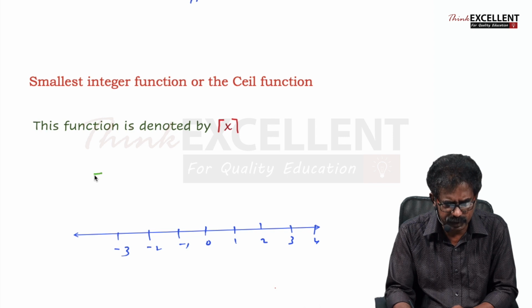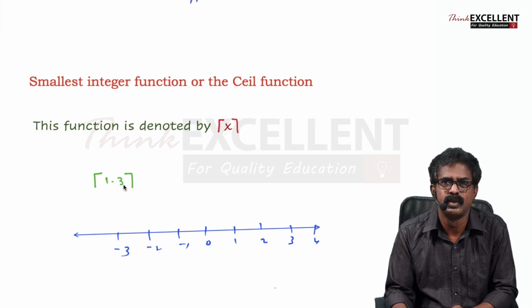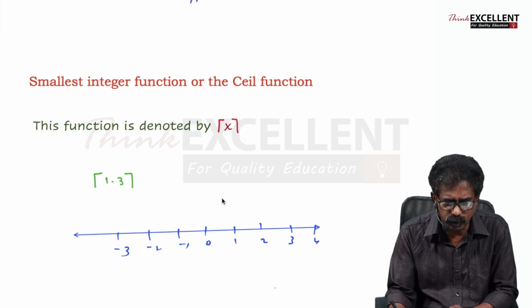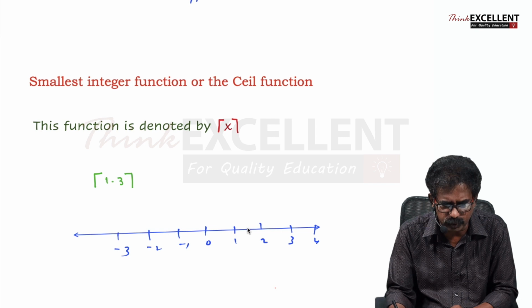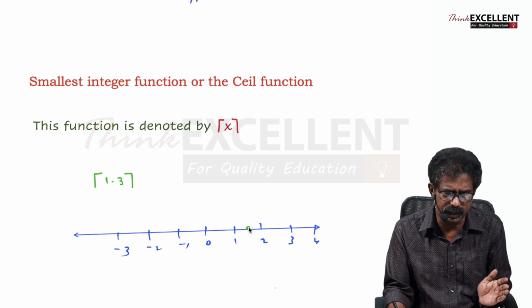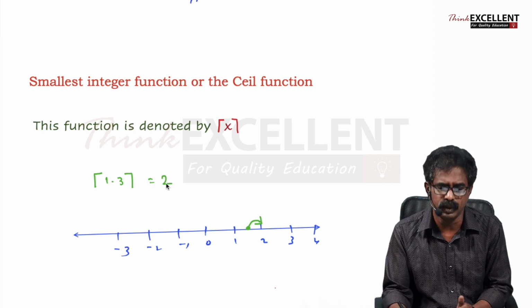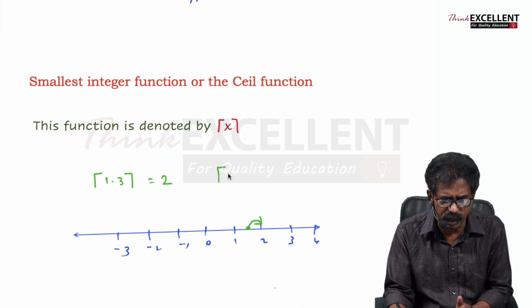This is the symbol for the smallest integer function. The smallest integer of 1.3. So what do you do? You plot 1.3. Where is 1.3? Between 1 and 2, right? For the greatest integer, we take the left side integer, which is 1. But here, for the smallest integer function, you take the right side value. What's the right side value? 2. So the answer is 2. Suppose the smallest integer of minus 1.3.